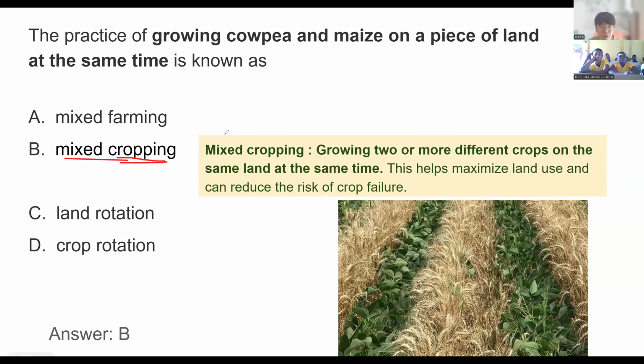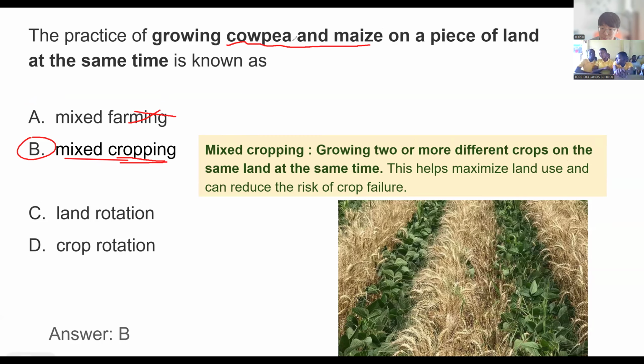But here, notice that we're growing cowpea and maize on the same piece of land. So this is not really about farming, because mixed farming is raising crops and animals at the same time.